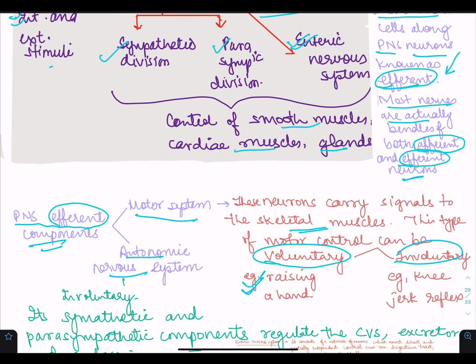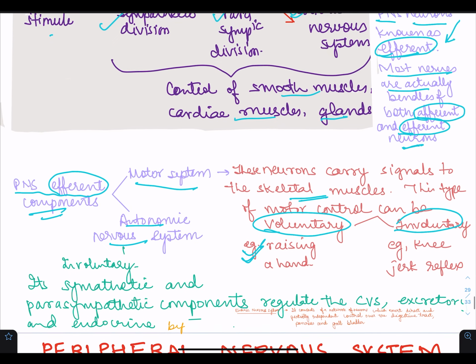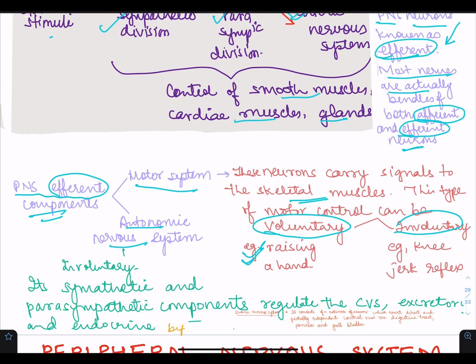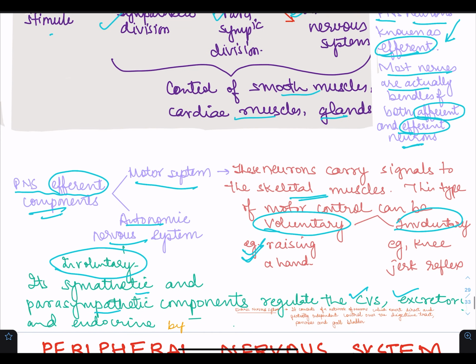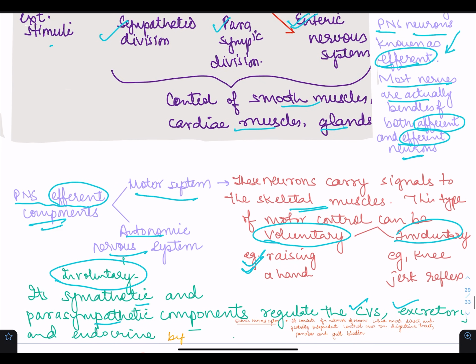This is an involuntary response. The autonomic nervous system controls only involuntary activities. Its sympathetic and parasympathetic components regulate the cardiovascular, excretory, and endocrine systems.